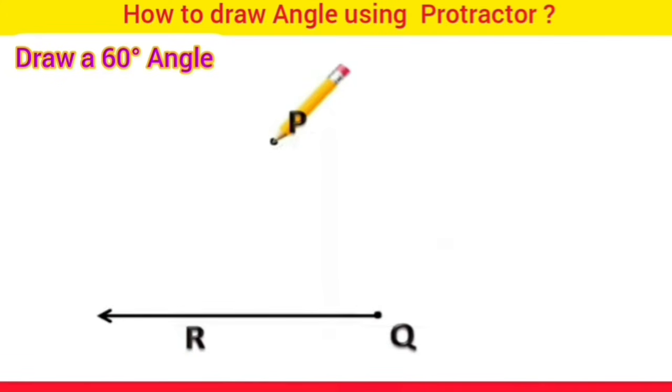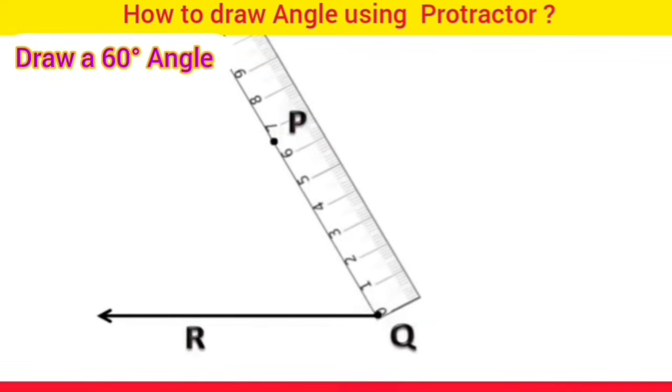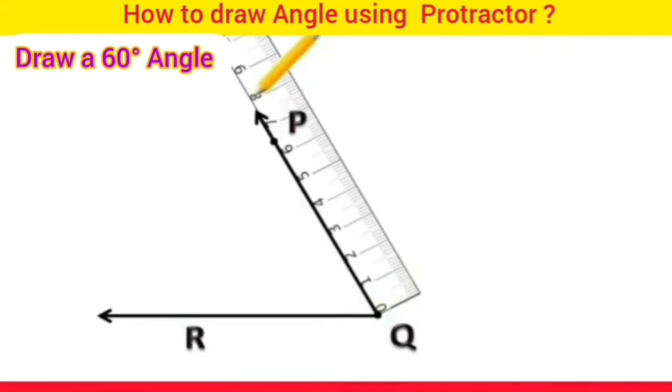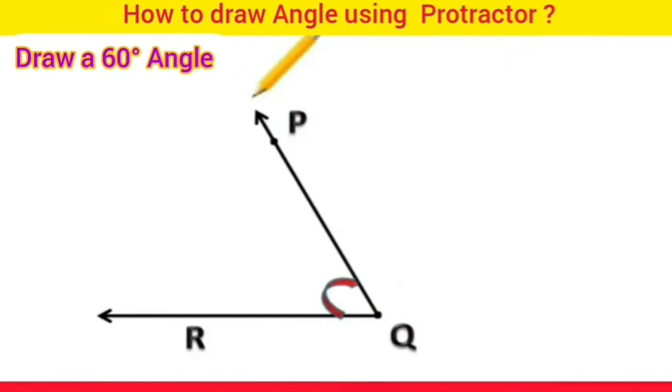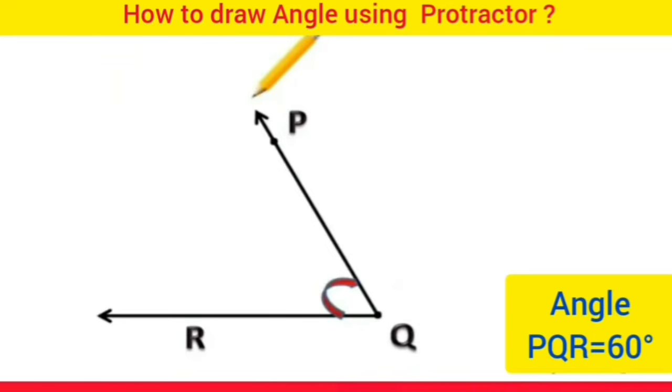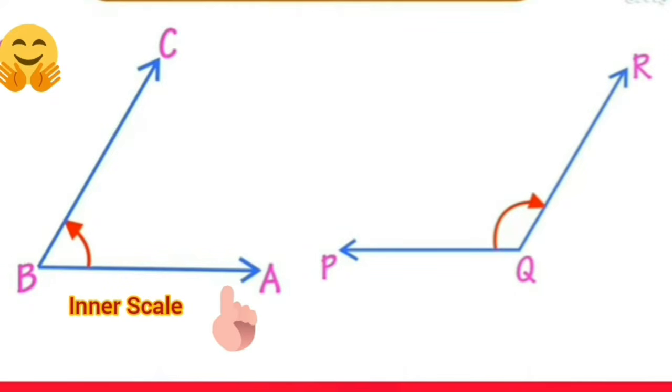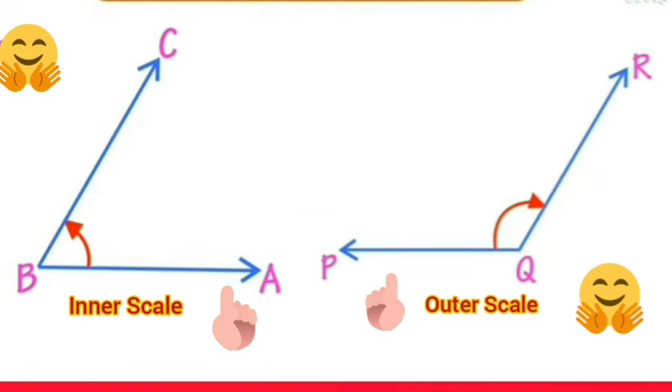We'll call this point P. Now we'll join these two points using a ruler. This becomes angle PQR of 60 degree. So here we have understood when to use the inner scale and when to use the outer scale while drawing an angle using a protractor. We have been given two scales of angles for our convenience.